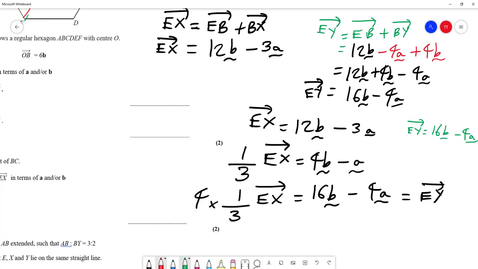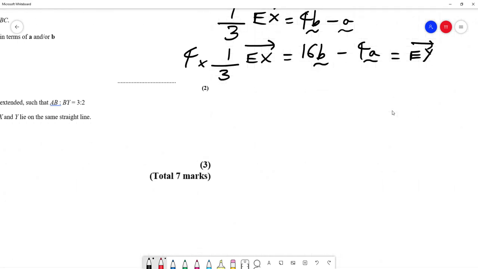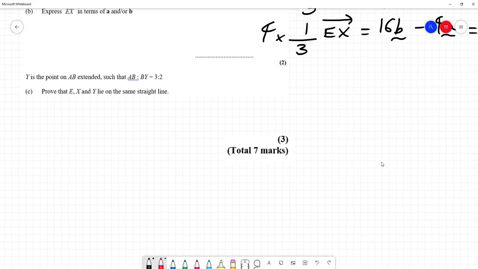So now we have a relationship, and the question says prove that E, X and Y lie in the same straight line, that they're collinear.